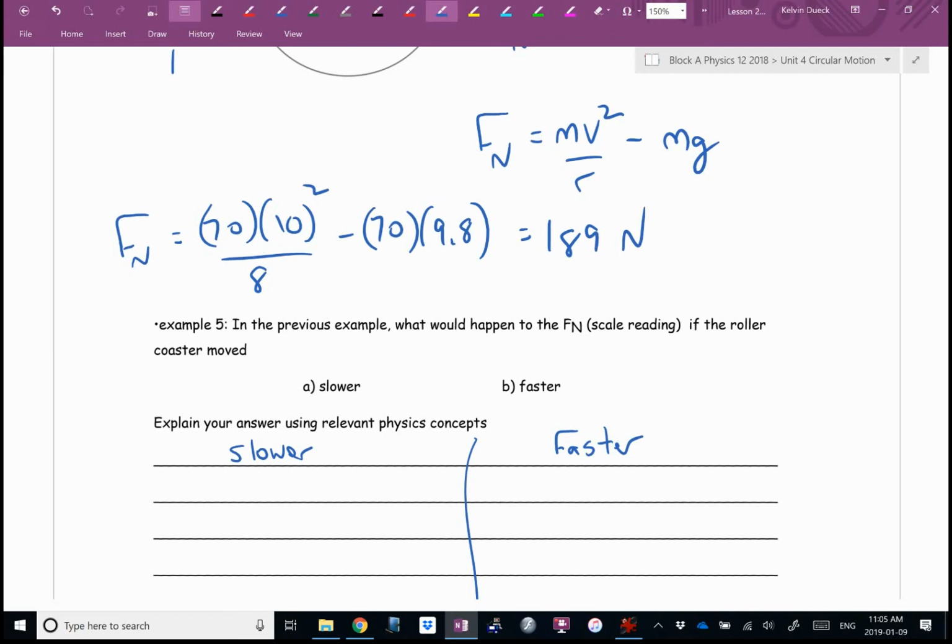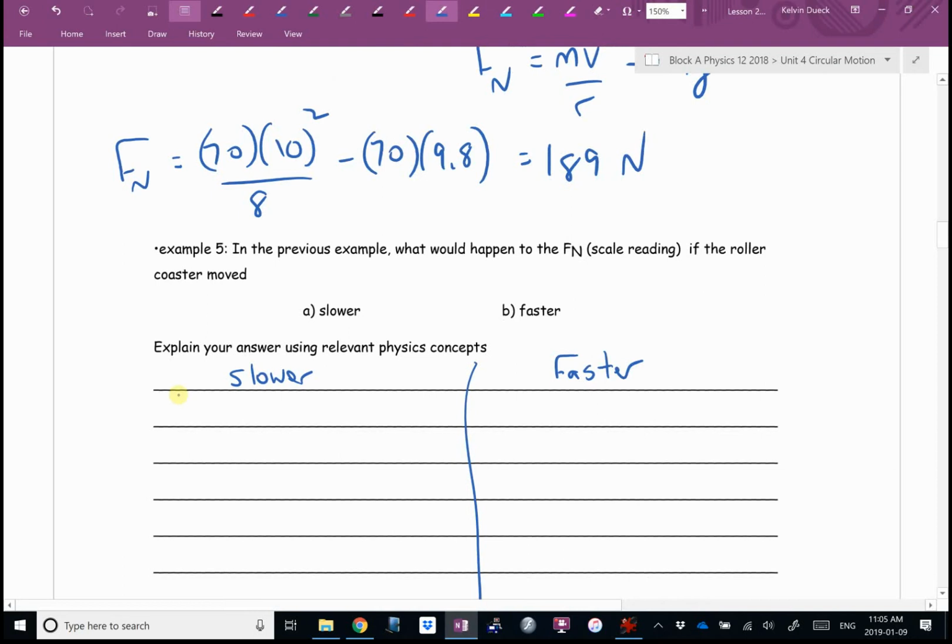So as a proof, let's do a lovely algebraic proof. We have this equation. Fn equals mv squared over r minus mg. As v decreases, Fn decreases.